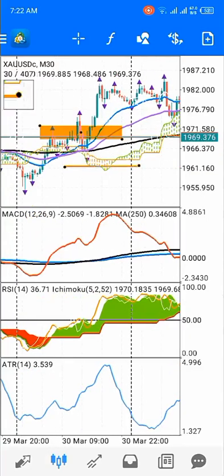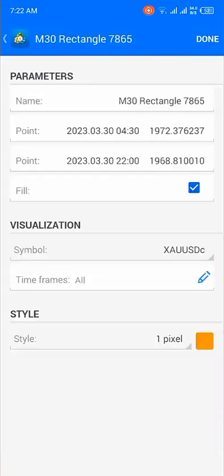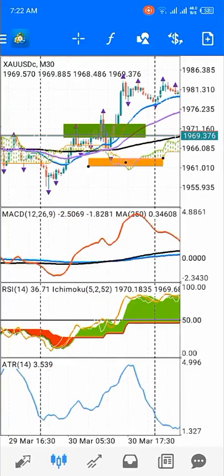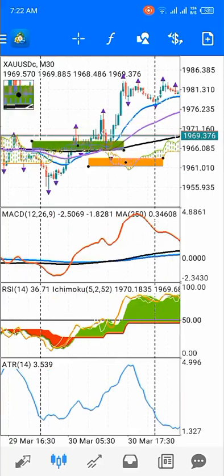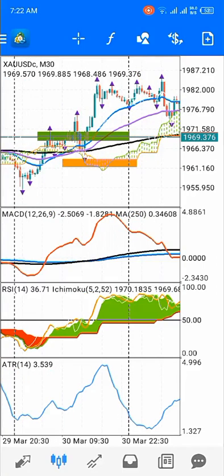And your stop loss will be below the Ichimoku. When you place your buy entry at that green point, your stop loss is expected to be somewhere below the Ichimoku. That should be your stop loss area.